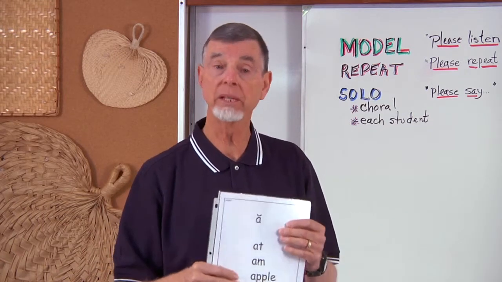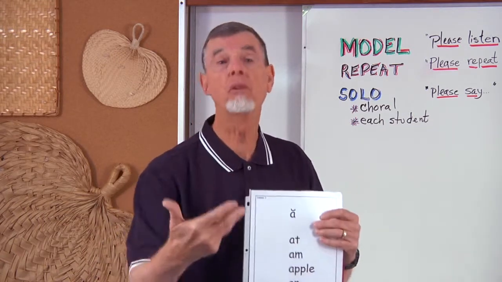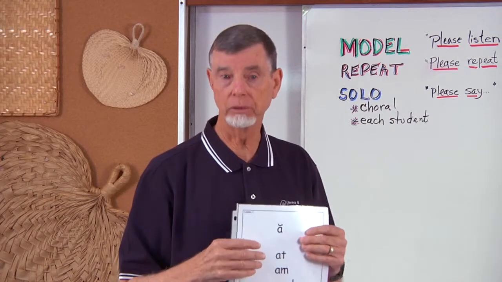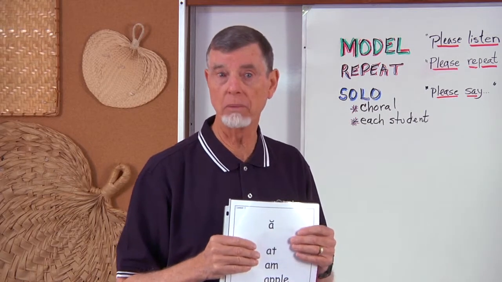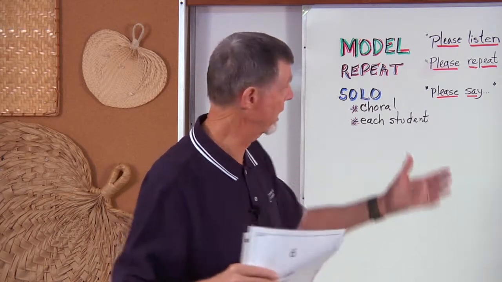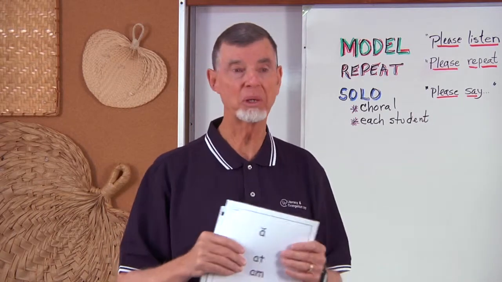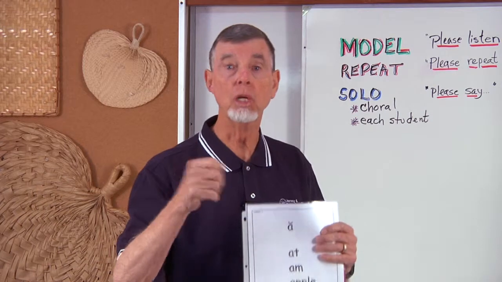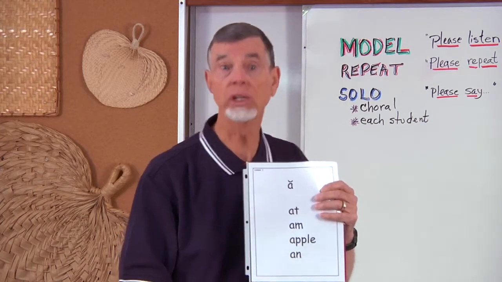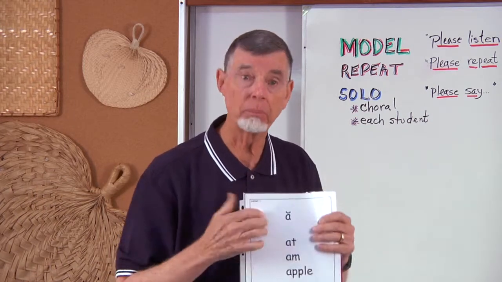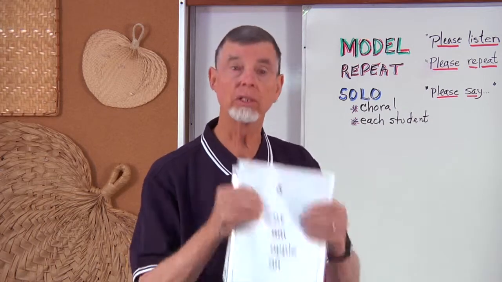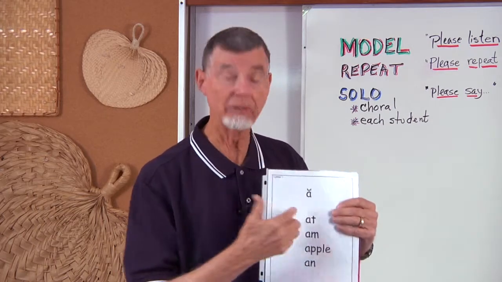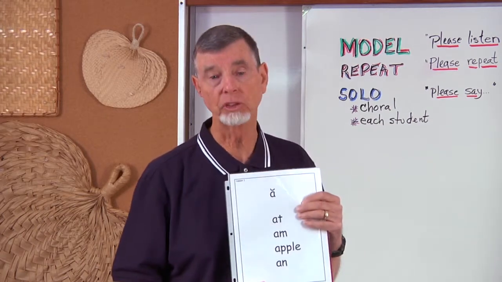We often recommend that it be an informal setting in a living room in somebody's apartment or their home. And so therefore you won't have a fancy blackboard or a big plastic sheet, and you don't want to take the time to write this out during the class time. Have it all prepared ahead of time, so all you have to do is pull it out and work on the sounds.